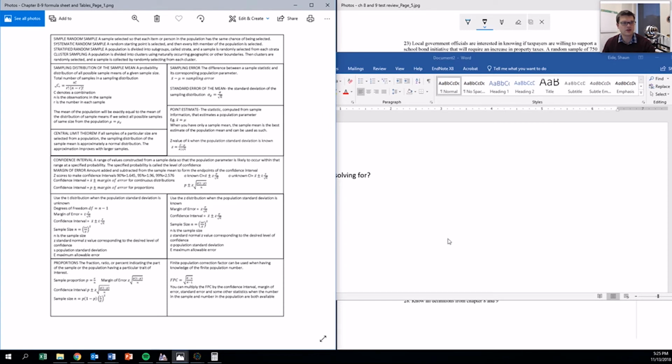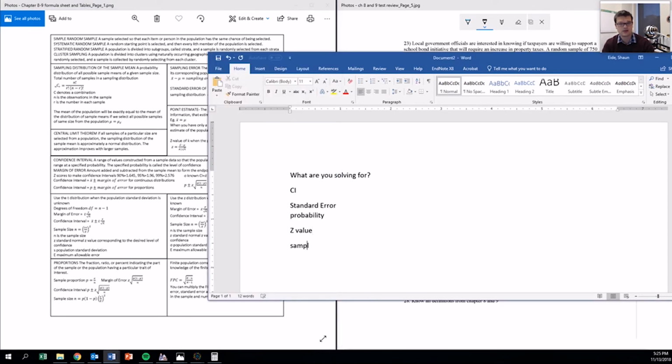The next thing that you need to do is, are you working with a binomial or are you working with a continuous? And the way that you're going to know that is if you see the word proportion, then you're going to be working in the proportions area down here. If you see mean, then that means that you're dealing with something that's continuous, and you're either going to use the t or the z distribution.